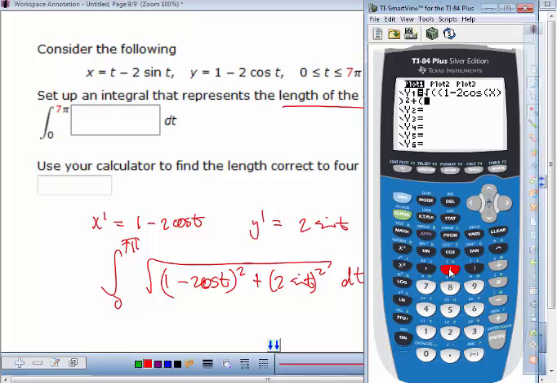When you do the square root, it starts off with a parenthesis, so remember to end that with a parenthesis as well. Whenever you hit sine or cosine, it automatically brings up another parenthesis. I think I'm almost done here, and once I close that parenthesis, that's my function on the inside.